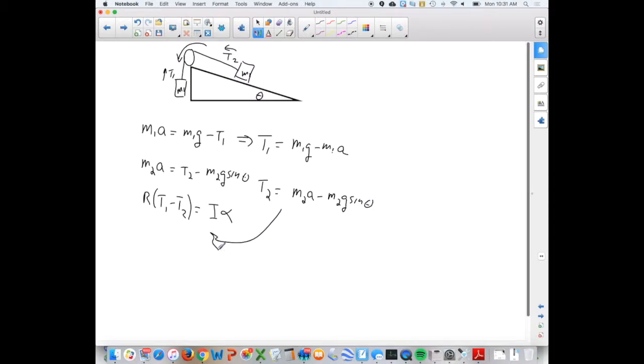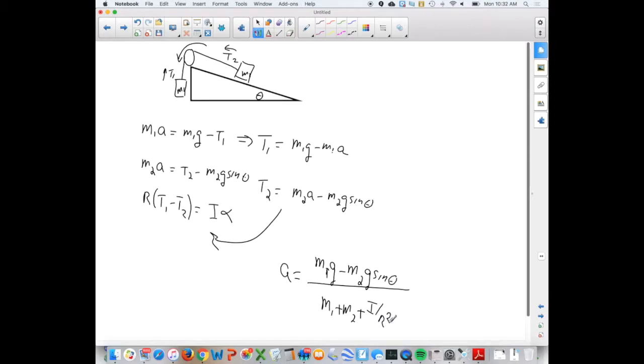Plug that into here, and if you do it all out, and you should check this on your own, you end up with the net force, M1G minus M2G sine theta, divided by the effective mass, M1 plus M2 plus I over R squared.